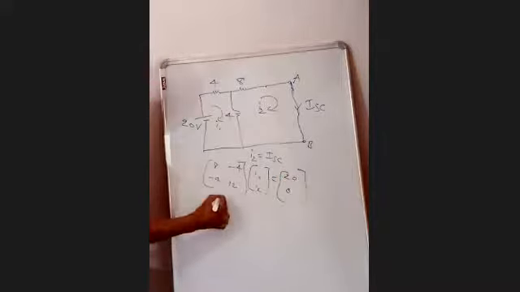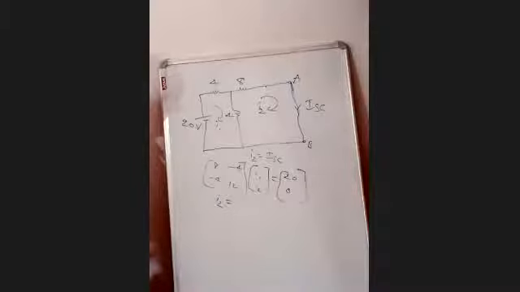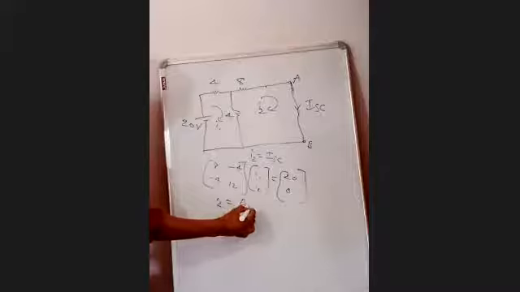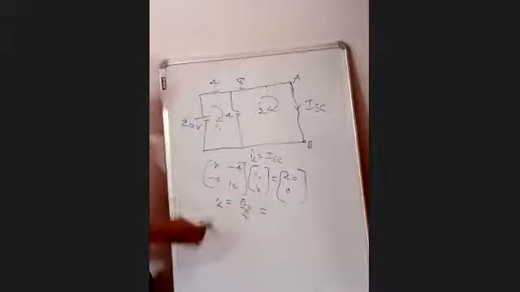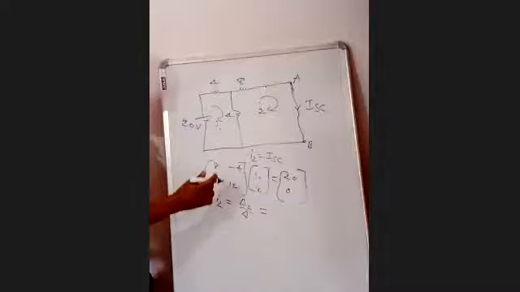Now I want I2. I2 is equal to delta 2 by delta. Your delta 2 is obtained by replacing the second column with the voltage sources.